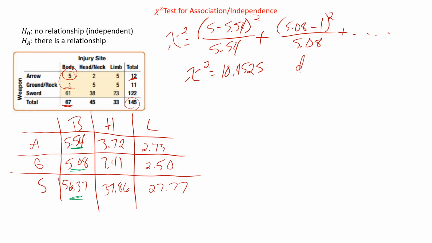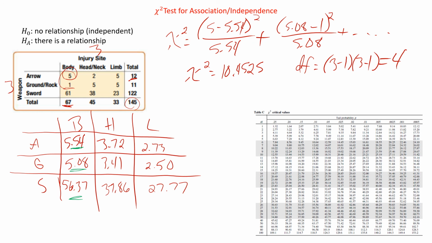The degree of freedom, we have 3 types of weapon. We have 3 injury sites, so it's 3 minus 1 times 3 minus 1, so that's 2 times 2, which is 4. So we have our chi-squared, we have our degree of freedom. We can pull up our table.